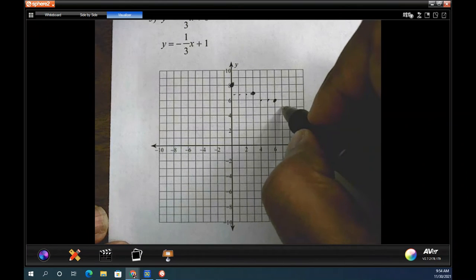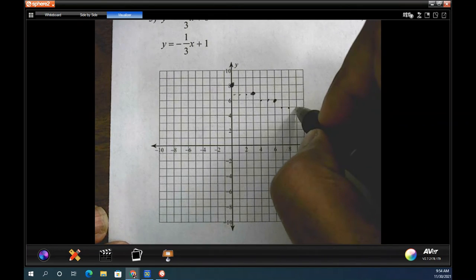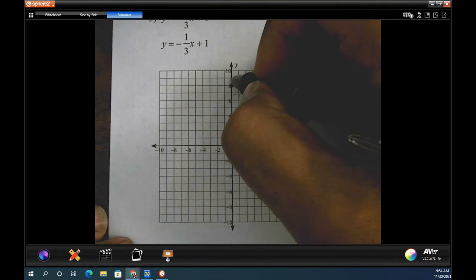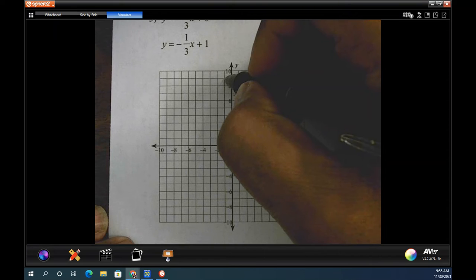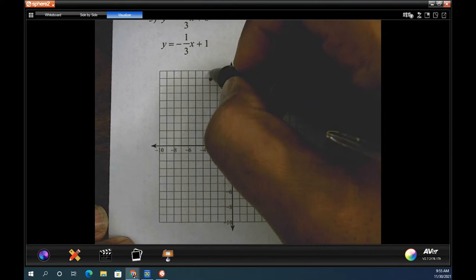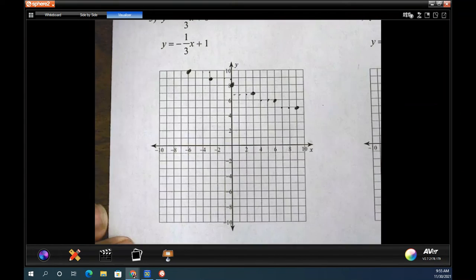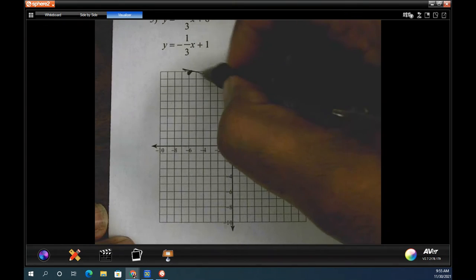Down 1, right 3. That's enough of that one. Go up 1, left 3. Up 1, left 3. Just like that. Connect those points.